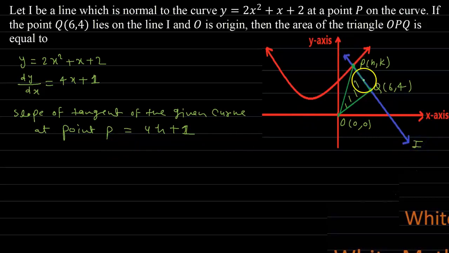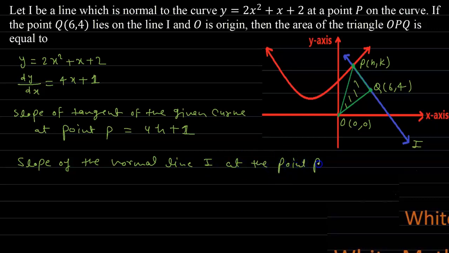Then the slope of the normal line l at the same point P will be -1/(4h + 1), because suppose m1 is the slope of tangent and m2 is the slope of normal at the same point, then the relation between m1 and m2 is m2 = -1/m1. Therefore the slope of normal line will be -1/(4h + 1).